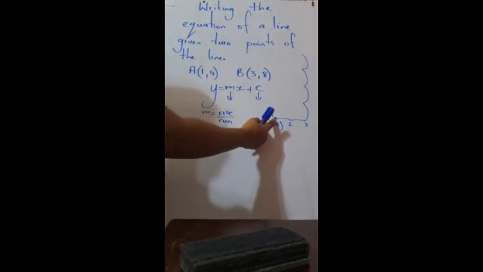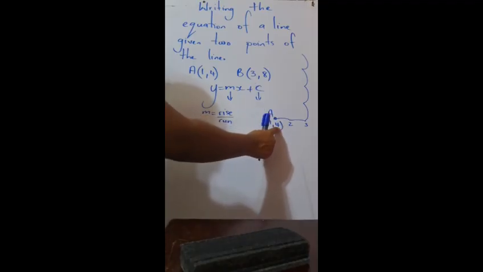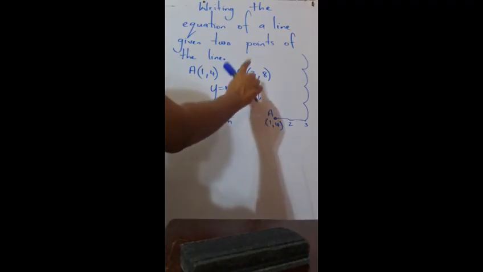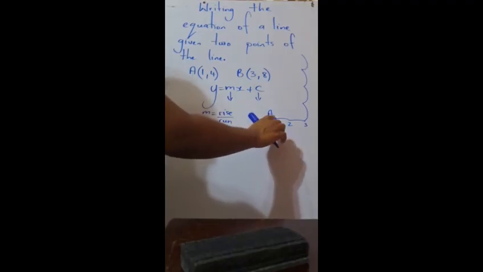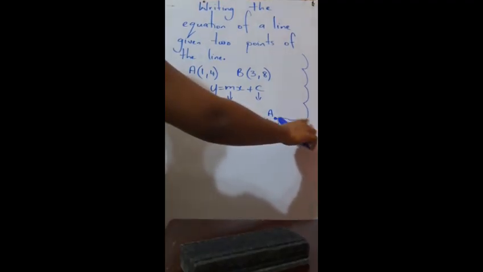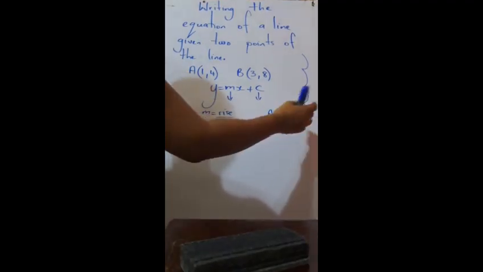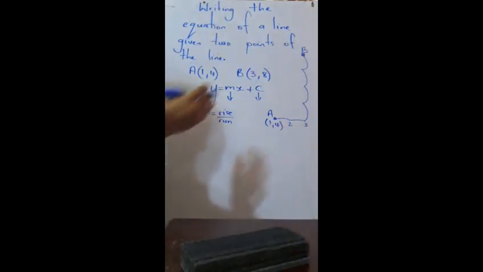So based on the fact that A is at 1, 4, and I want to get to the point B, which is at 3, 8, from where A is, I would have moved 2 units to my right to get from 1 to 3, and from 4 to 8, I would have had to go 4 units north, and that means B would have been someplace up there.